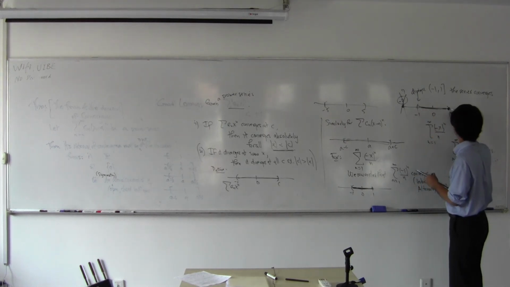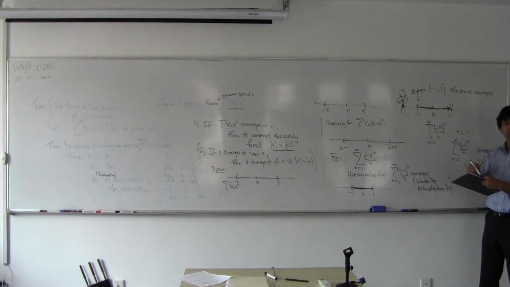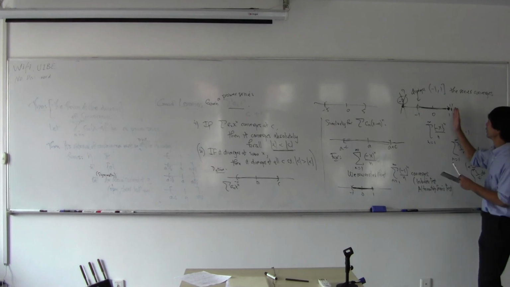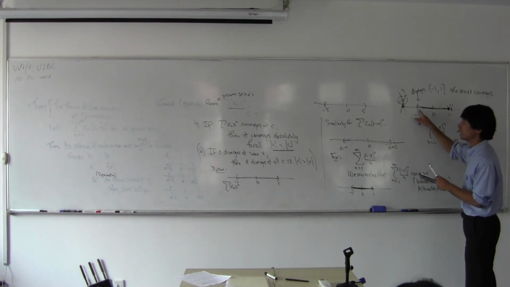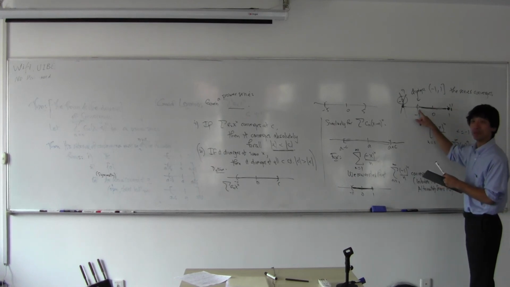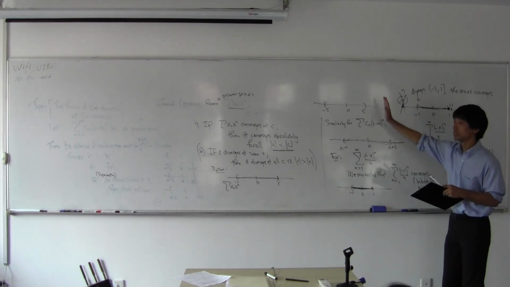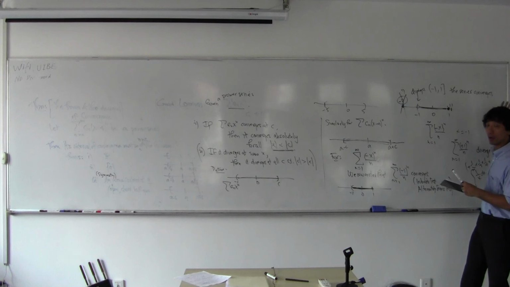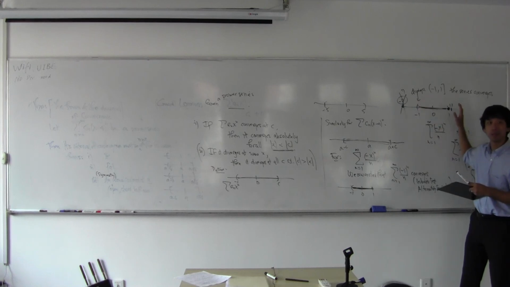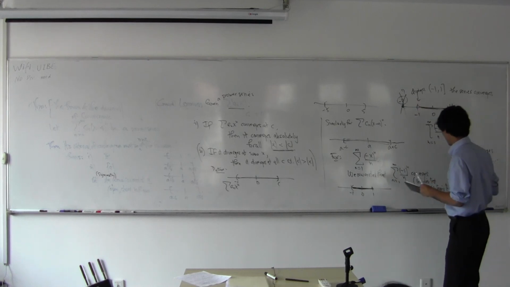What about over here? Suppose I have, like, 1.1. Could I have convergence there? No, for the same reason, because if I had convergence there, then I'd have convergence at -1. So what I know is that outside here, it's all divergent.